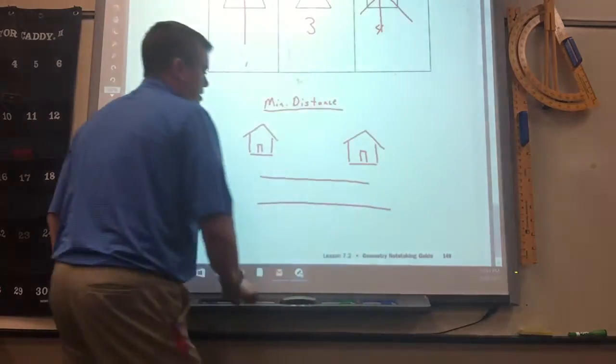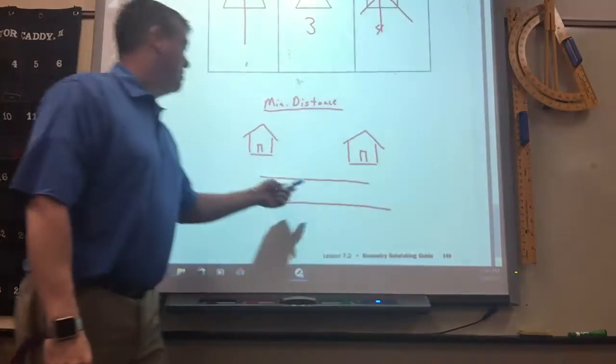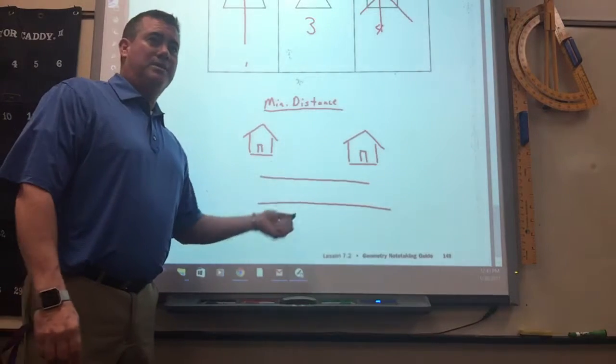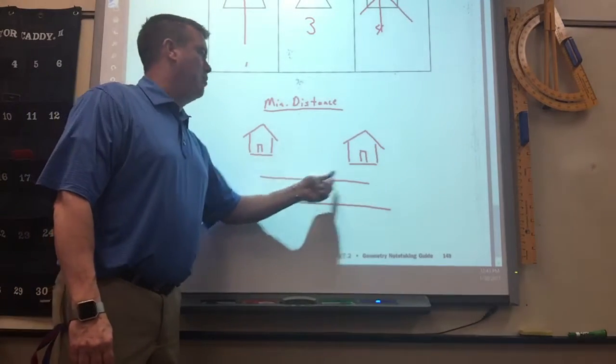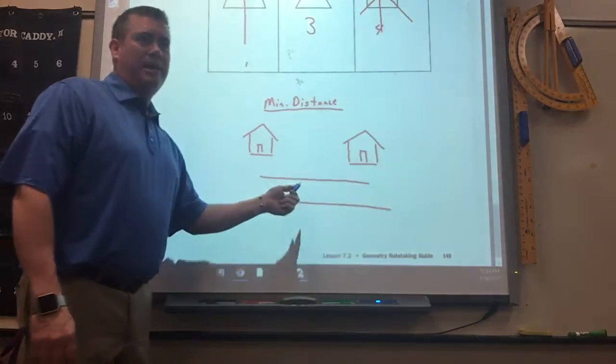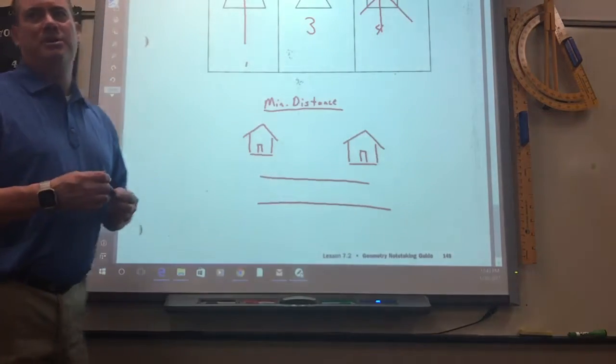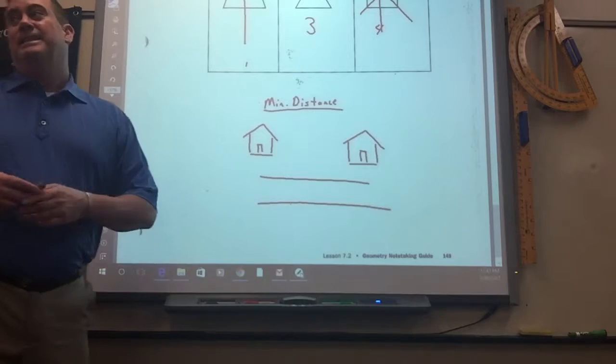And they're asking, where should the guy park on the street? So when he gets out, he walks to one house, delivers the pizza, goes back to the car, and then walks to the other house, and then back. So he can walk the least amount of steps? Not quite.